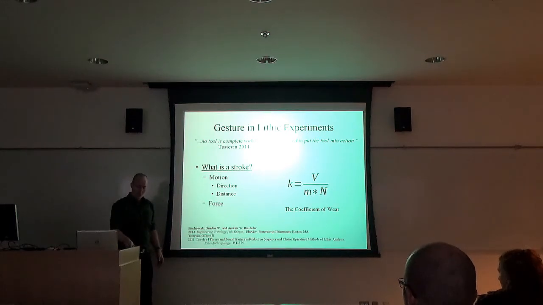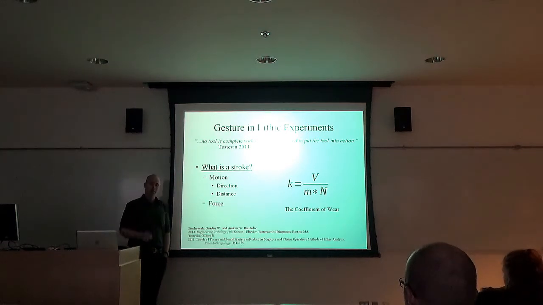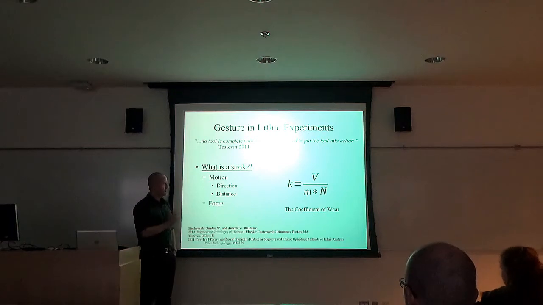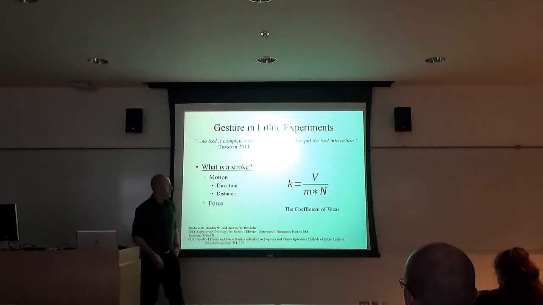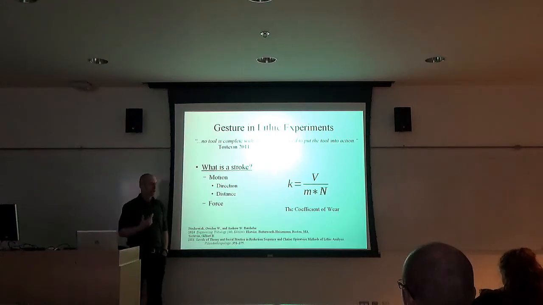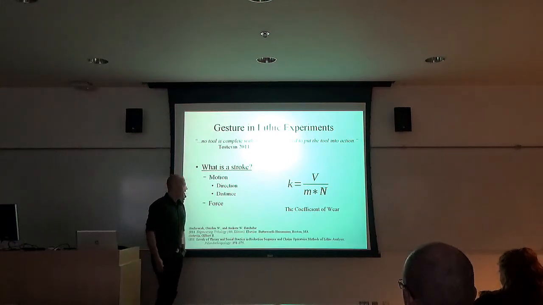Conveniently, the world of engineering is on top of this. They know that these things matter, so they came up with the coefficient of wear. It's from a fascinating field of engineering called tribology, or the study of things rubbing against each other.